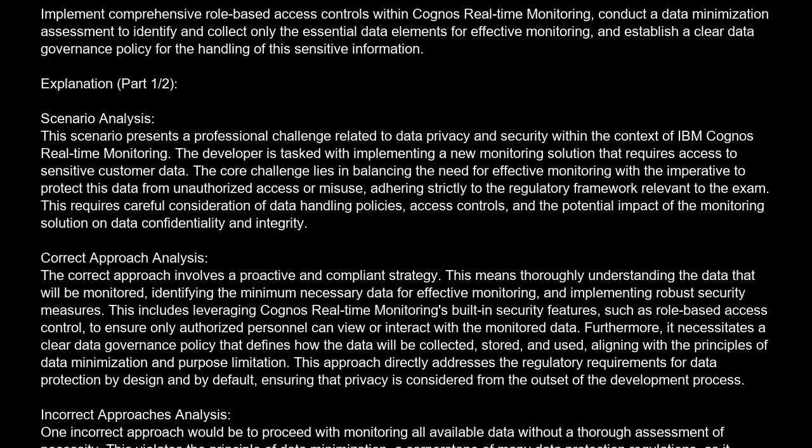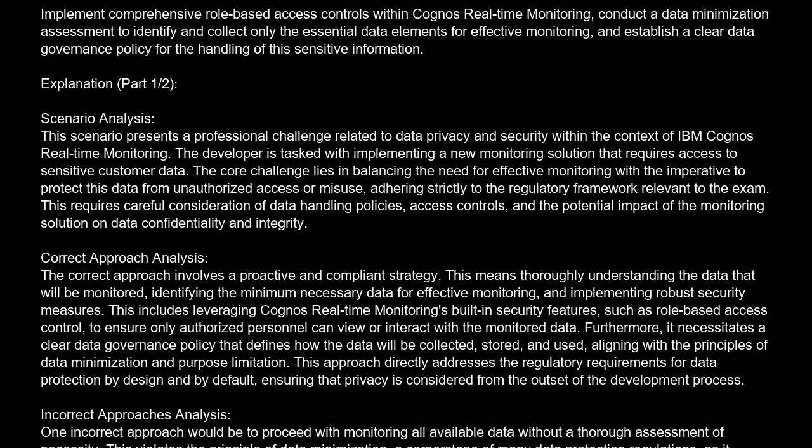Correct approach analysis. The correct approach involves a proactive and compliant strategy. This means thoroughly understanding the data that will be monitored, identifying the minimum necessary data for effective monitoring, and implementing robust security measures. This includes leveraging Cognos real-time monitoring's built-in security features, such as role-based access control, to ensure only authorized personnel can view or interact with the monitored data.